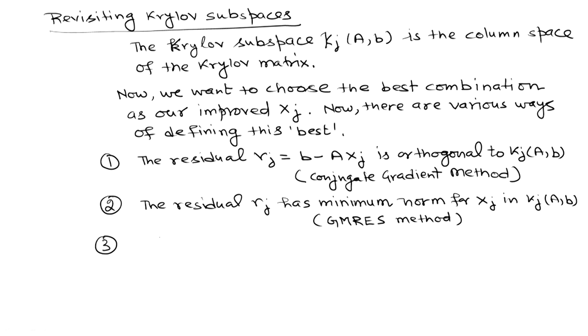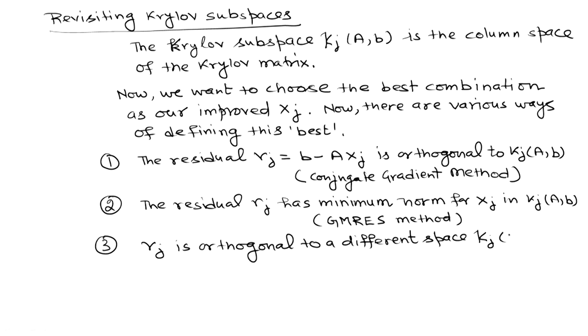The other way of defining this best may be that the residual r_j is orthogonal to a different space, K_j(A^T, b). Here you just notice that instead of A, I have the Krylov subspace of A transpose and b.